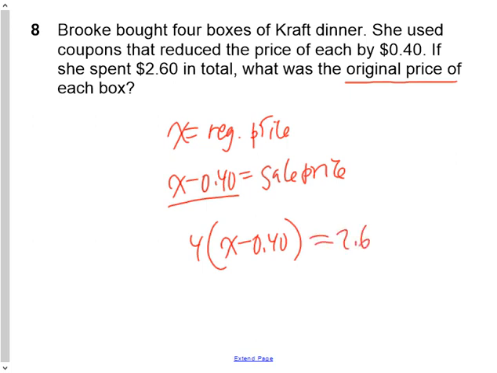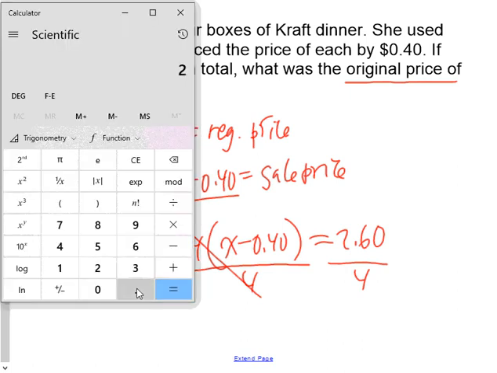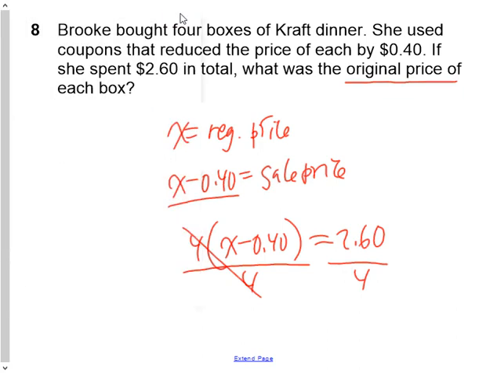And it's 2.60, right? So 4 boxes of Kraft Dinner that we've reduced by 40 cents each is going to be $2.60. The first thing I'm going to do is divide both sides by 4. Instead of saying 4 boxes cost me $2.60, by dividing both sides by 4, I'm going to figure out what 1 box cost me. $2.60 divided by 4 means that 1 box at sale price was 65 cents.